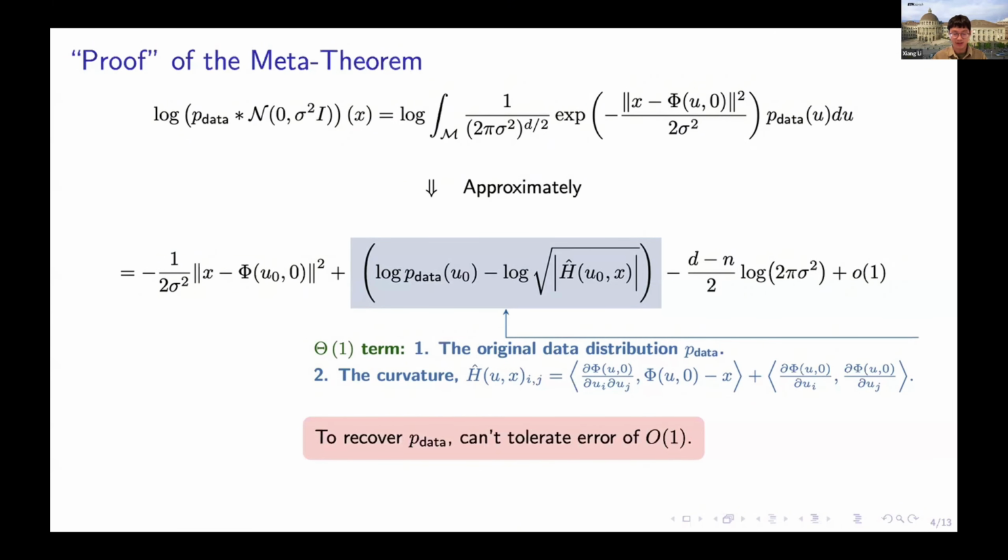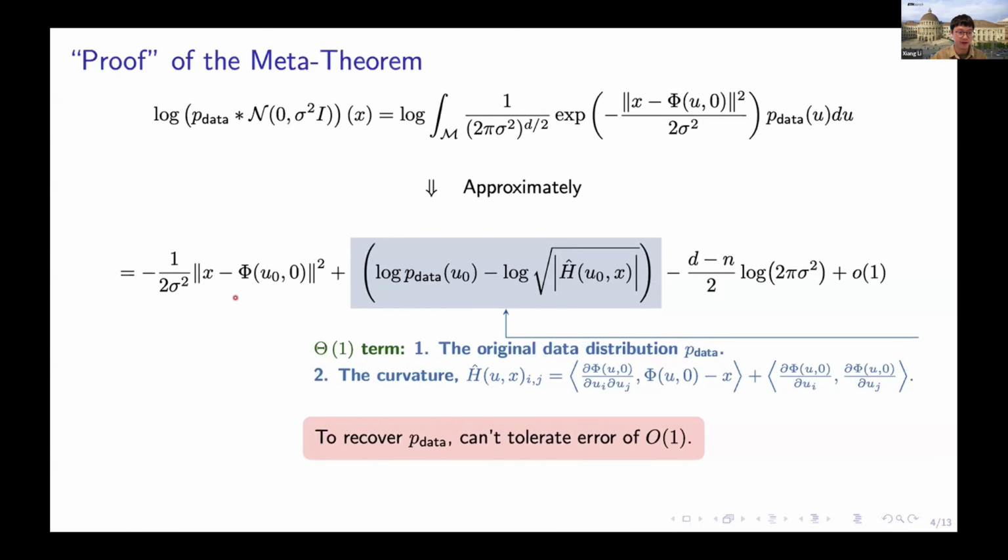If you have an error of order big O(1), then the information about p data may be contaminated by your error. The theta 1 term, p data, could be inaccurate, so you will not be able to recover the data.